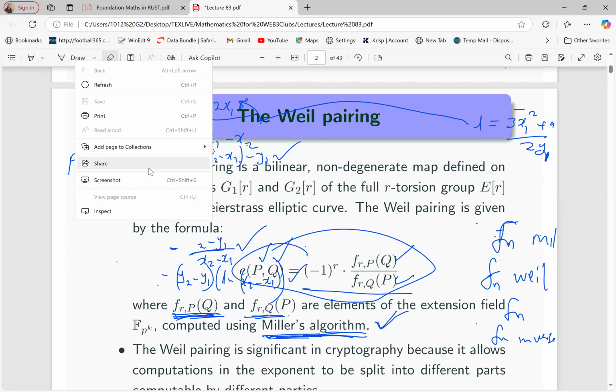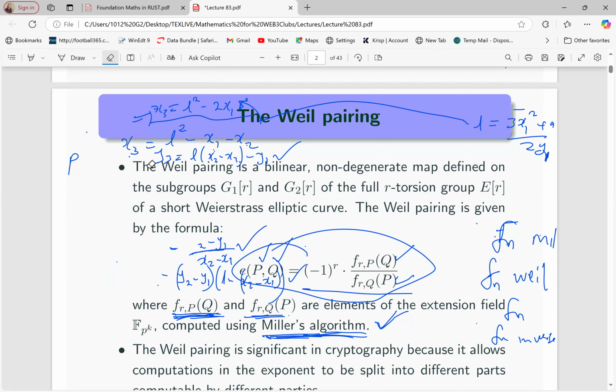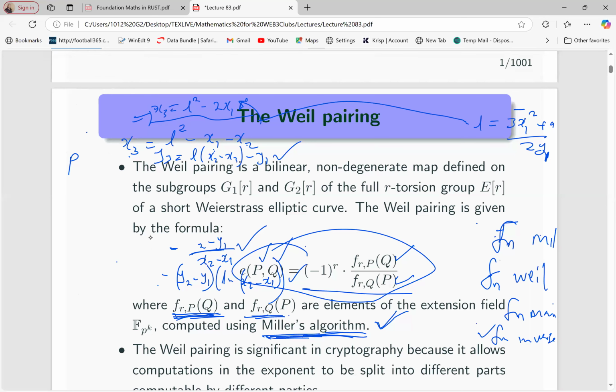What you notice is that this function for doing inverses, we already have it. We've been doing it, so it will be the same thing. Then the main function will be calling on Weil pairing, and of course you're also giving it the points, P and Q. So the only new things are the function for Miller's algorithm and the function for doing Weil pairing.